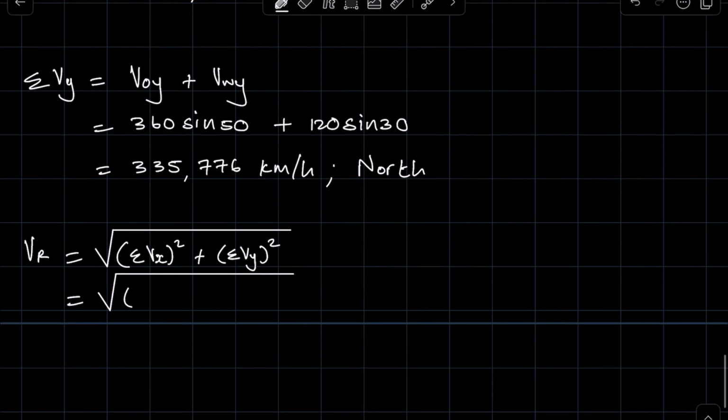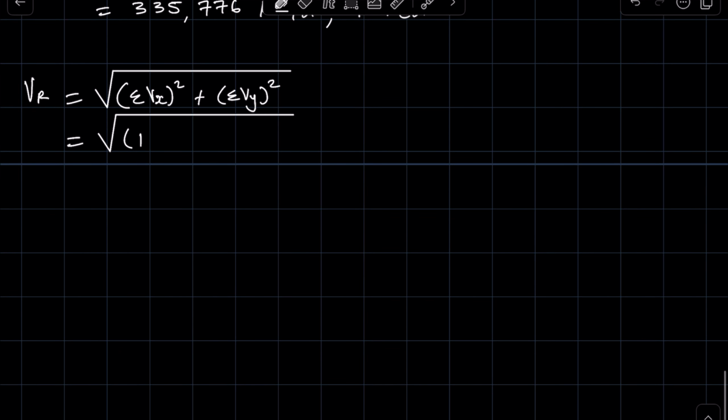Sum of Vx is 127,480, squared, plus the sum of y, which we calculated and got 335,776, squared.